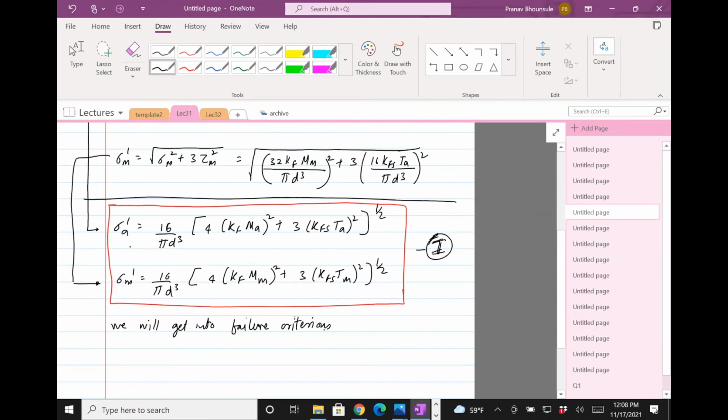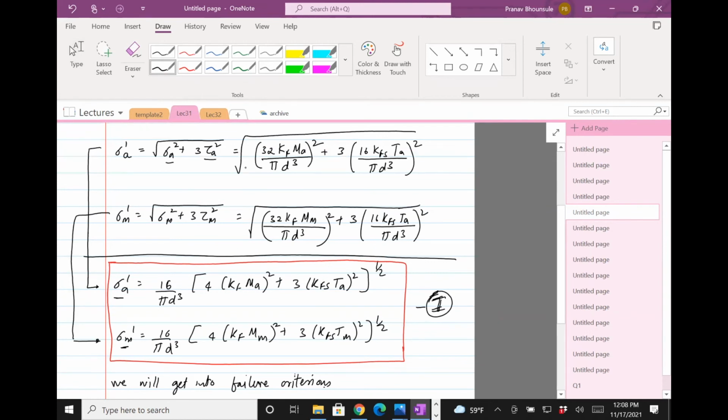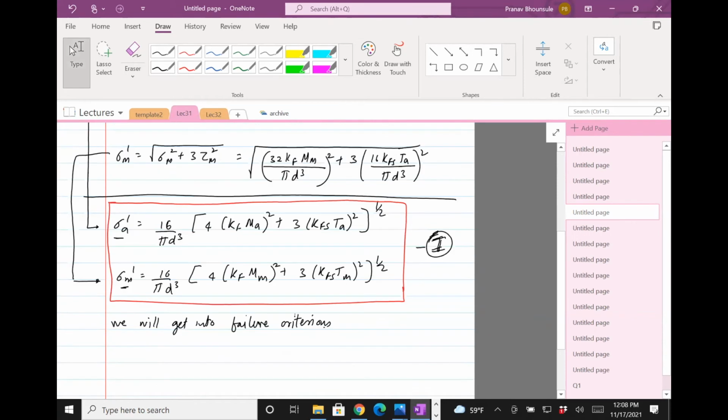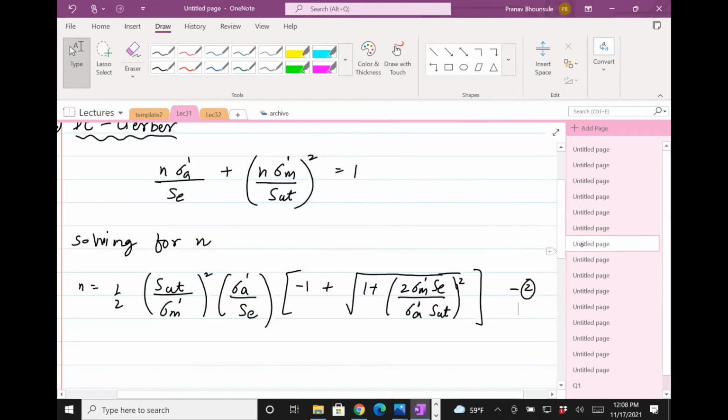These are the equations for sigma a prime and sigma m prime. Essentially, write the von Mises equation and then substitute the values for von Mises stress sigma and tau a, and then you get these really complicated looking expressions, but they have a structure to them, so it's not hard to see the structure.